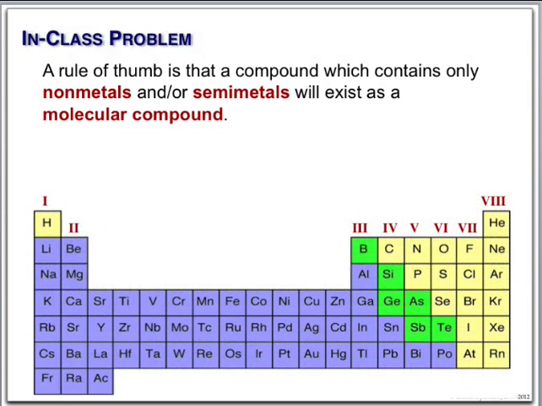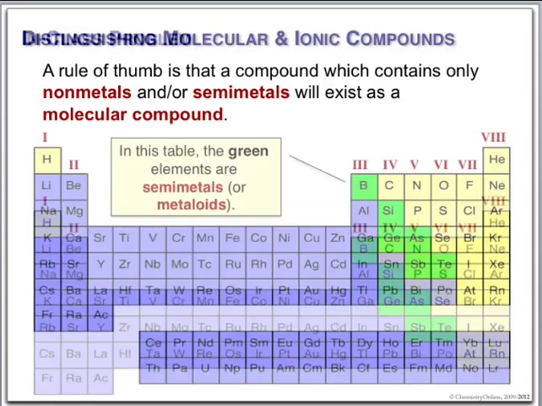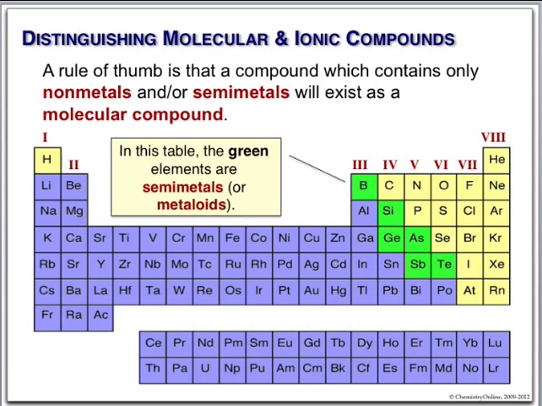And the blue guys are all metals. All right? The rule: if we have a compound that contains only nonmetals and semimetals, that will be molecular. That will form covalent bonds. If your compound has a metal of any sort in it, it will be ionic. Now, isn't that simple?